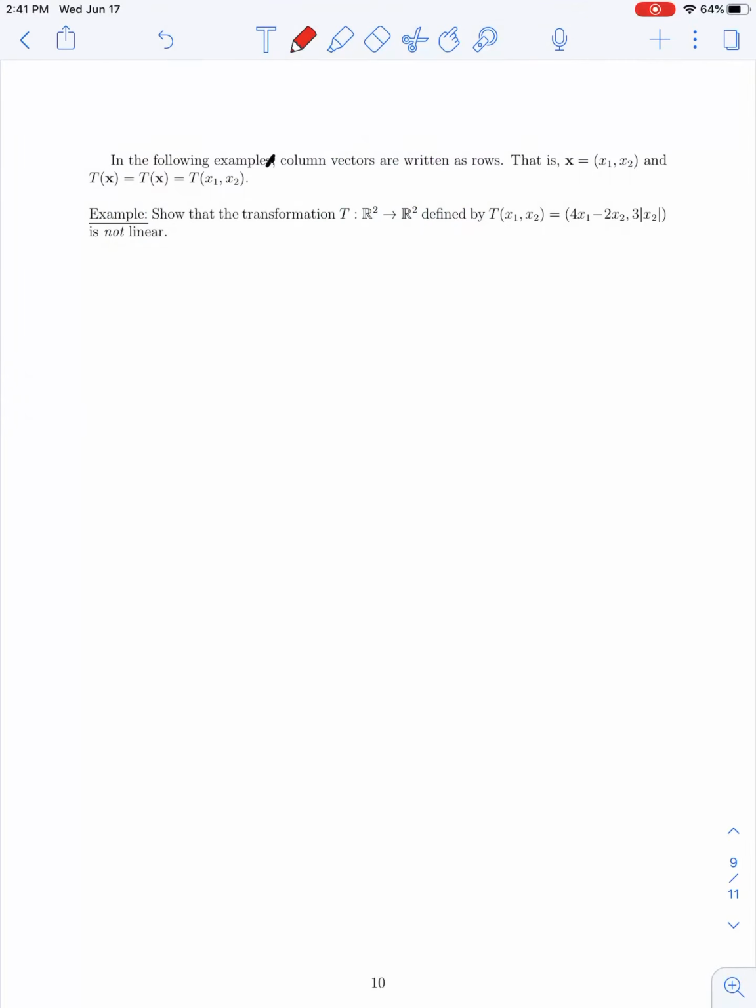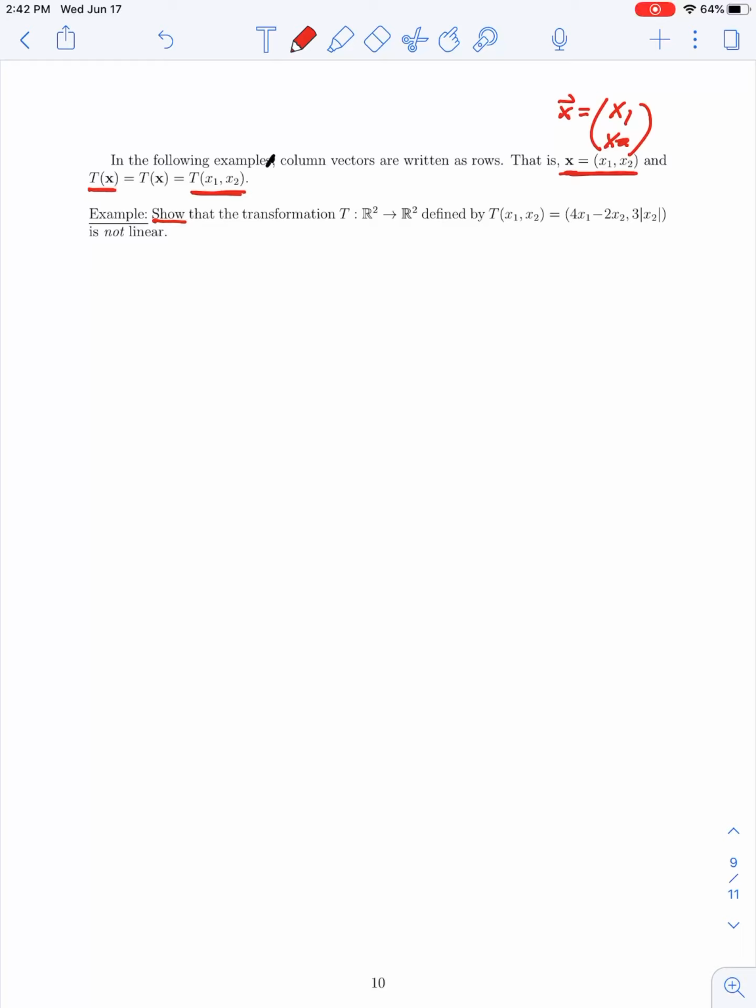For notational simplicity here, the vector x will be written as x1, x2, and the image of x under the transform, T of x, will be written as T of x1, x2.